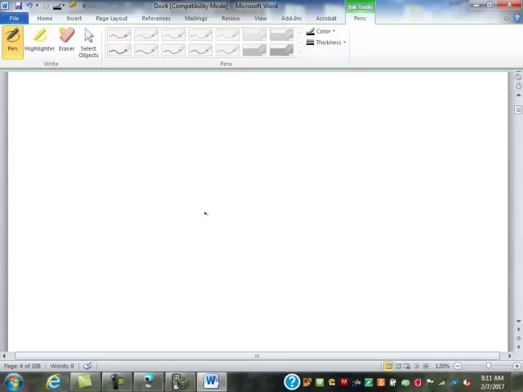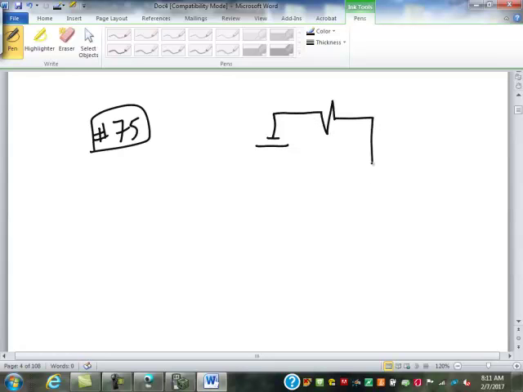Next, I'm going to jump down to number 75. We're looking at an electrical circuit. So this is R1, which is 20 ohms. This is R2, which is 40 ohms.